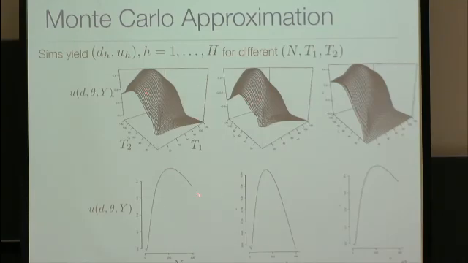And these would be just a single planar view of the utility as a function of the sample size over here. And we can find here the maximum or optimal sample size. We can find the optimal duration of follow-up pre-randomization and the optimal duration of follow-up post-randomization just based on these smooth surfaces.